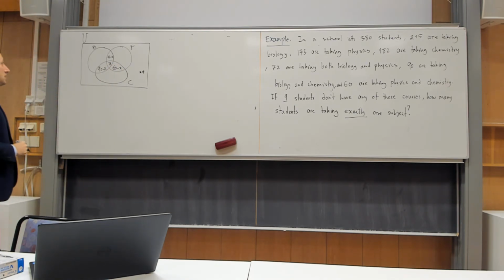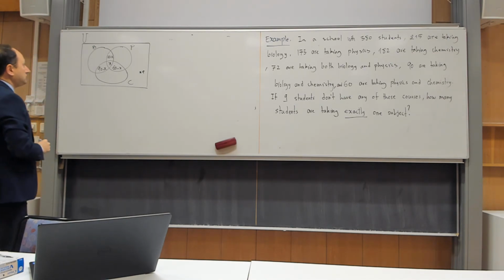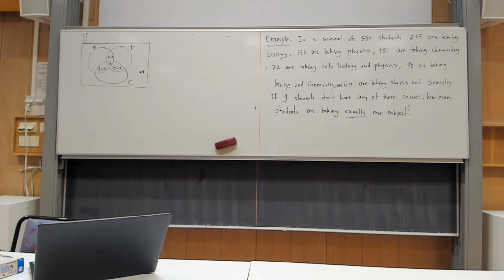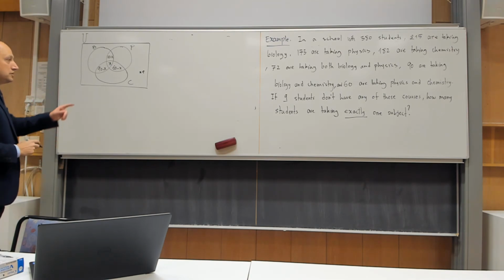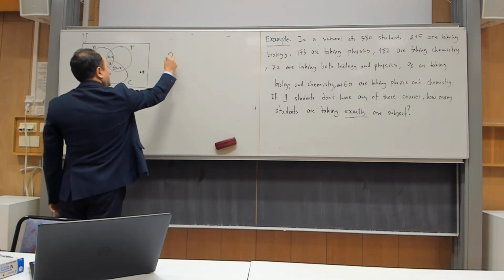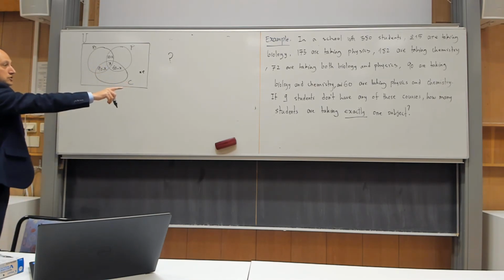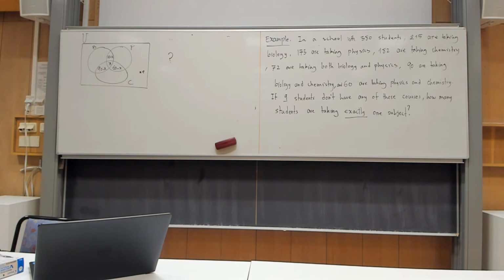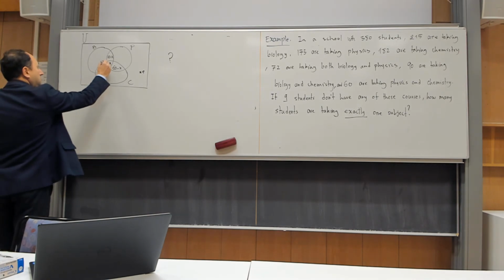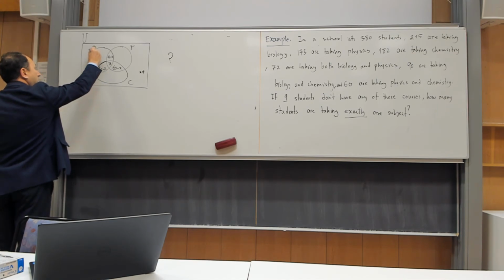And then what I want to do, by the way, which is the question mark? The question mark is which part? I want to see how many students are taking exactly one subject. Exactly one subject means, this interpretation is on you.